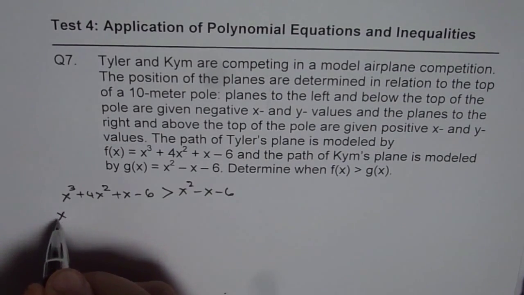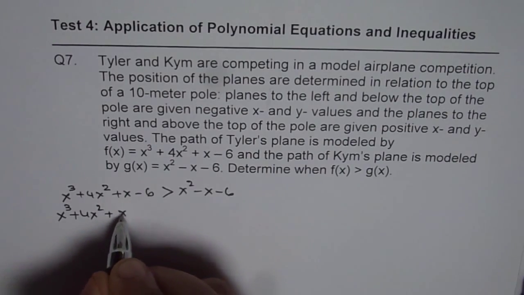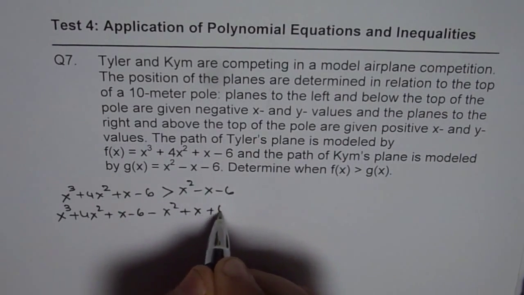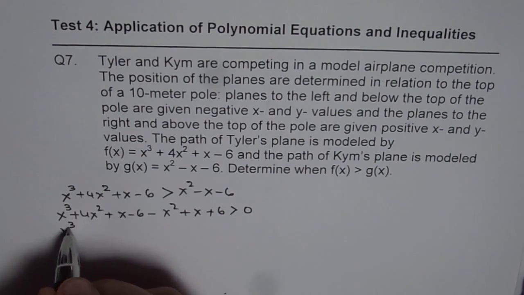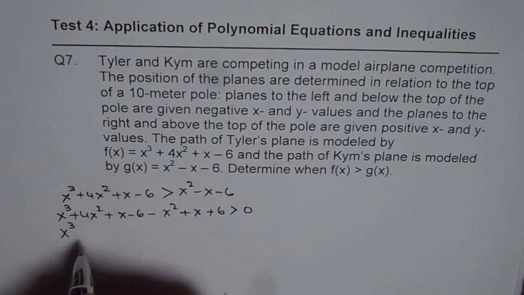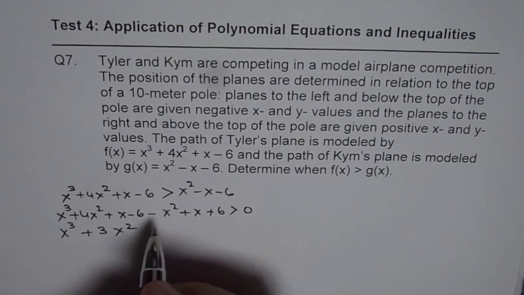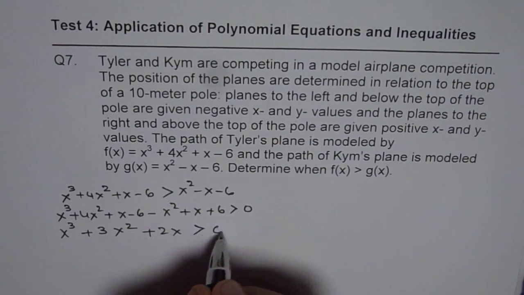So we have x cubed plus 4x squared plus x minus 6 minus x squared plus x plus 6 should be greater than 0. Combine the like terms, we get x cubed, 4x squared minus x squared is plus 3x squared, x plus x is 2x, and 6 minus 6 is 0, is greater than 0.